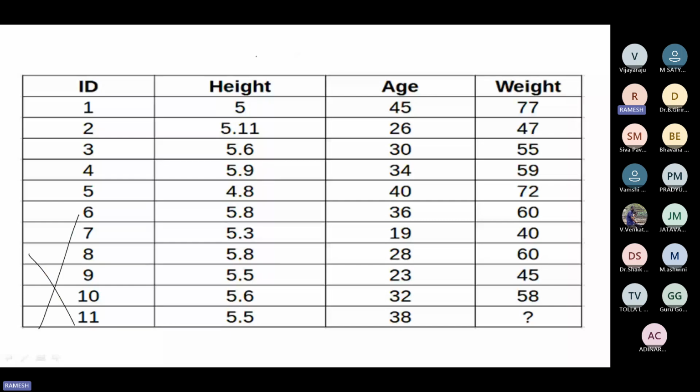So x1 we can take as height and x2 is age, and based on height and age we need to predict the weight of a person. The height column and age column will be x1 and x2, and weight will be y. Here all the values are continuous values, so it is a regression problem. Now we can solve this with k nearest neighbors regression.